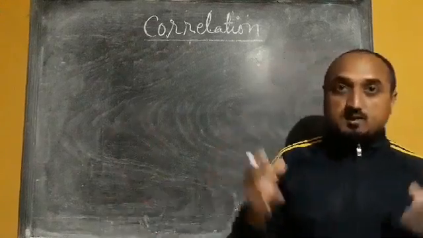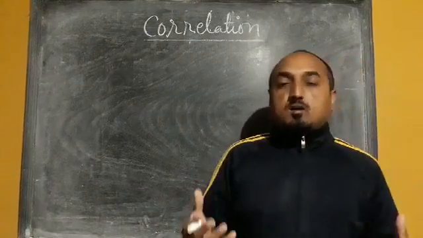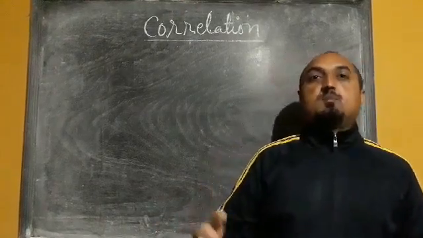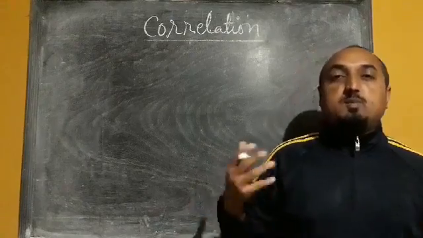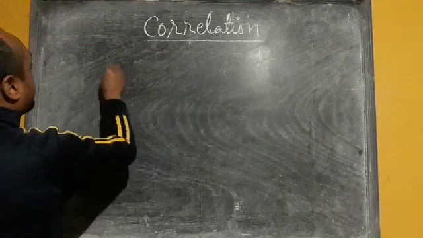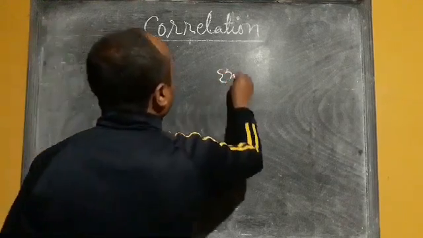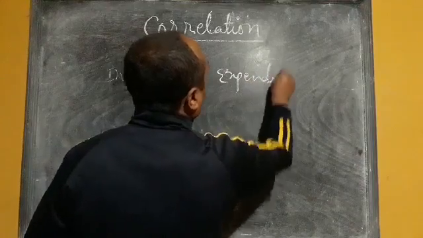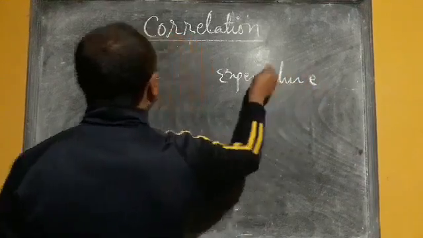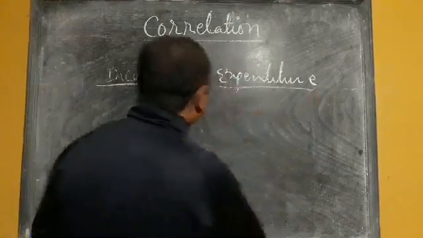You might be confused about what variables are. Variables may be prices, expenditure, or income. When I take the example of income and expenditure, income is one of the variables, expenditure is another variable.